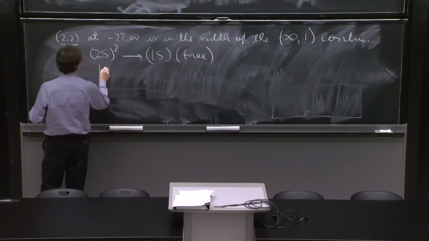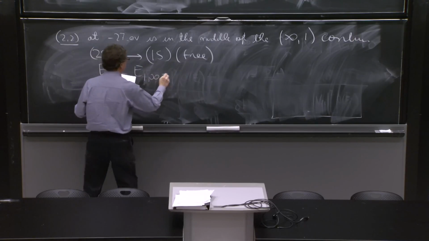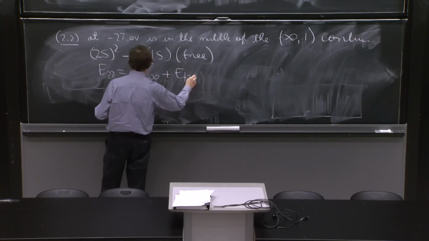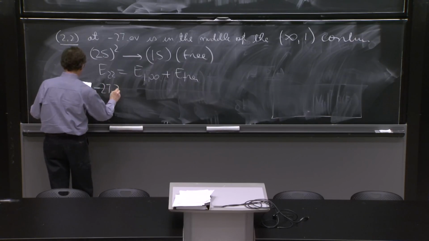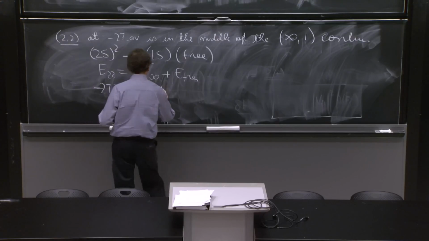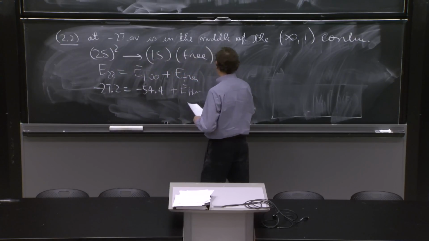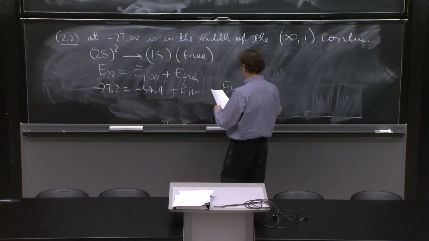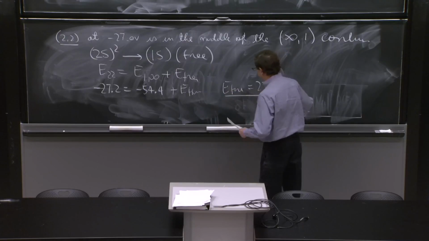The E(2,2) is going to be E(1,infinity) plus E free. The E(2,2) is minus 27.2, this is minus 54.4, and this is E free. So E free goes to 27.2 eV for the free electron.